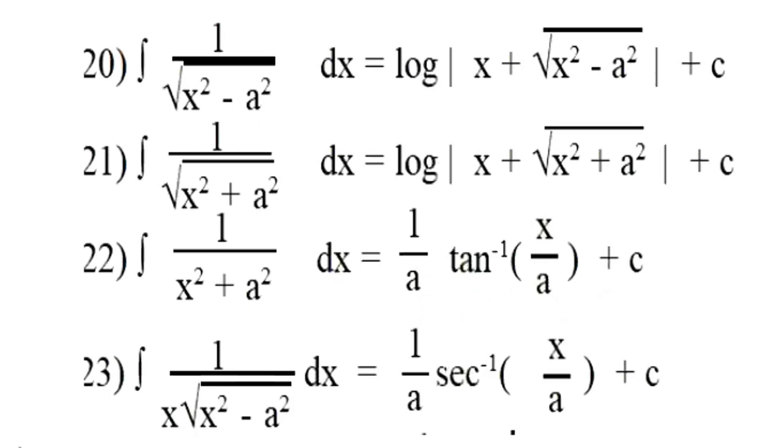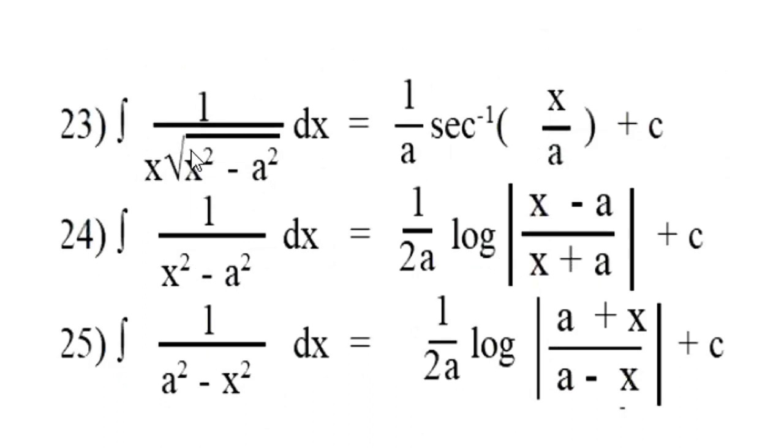Okay, move further. 23rd formula: integral of 1 upon x under root x square minus a square is equal to 1 by a into sec inverse of x by a plus c. And if we differentiate the right hand side, we will get the integrand.